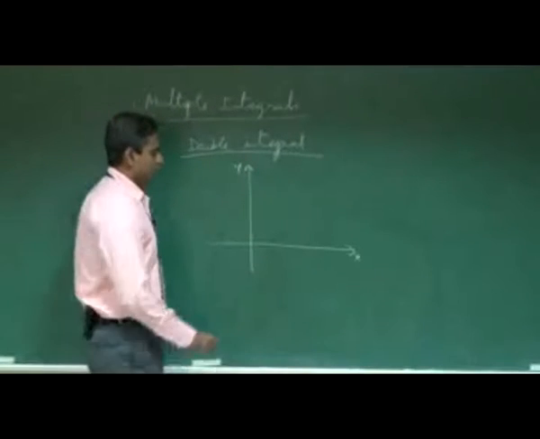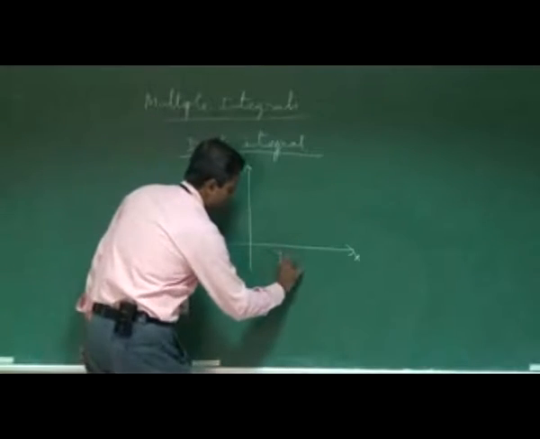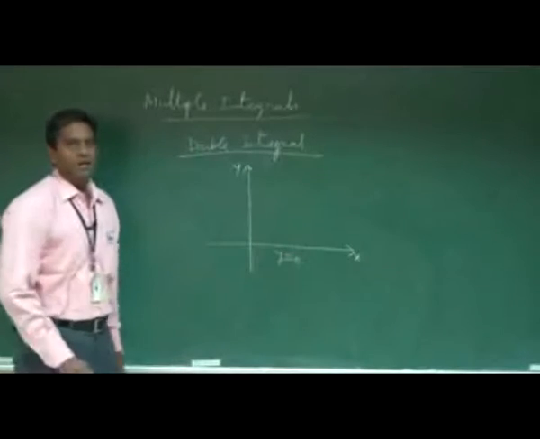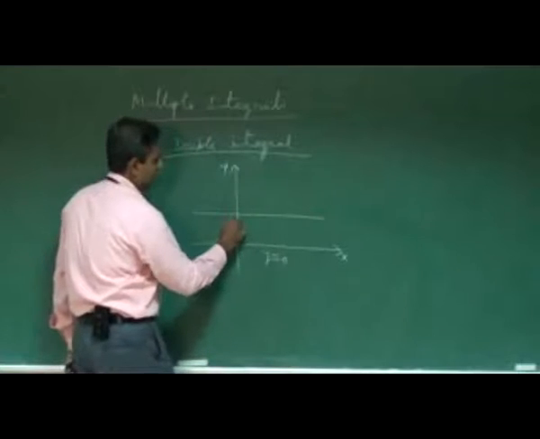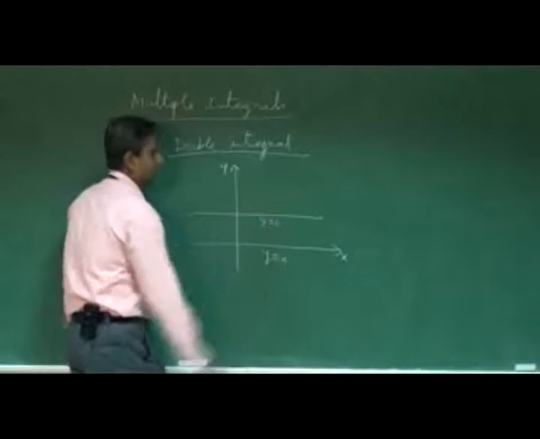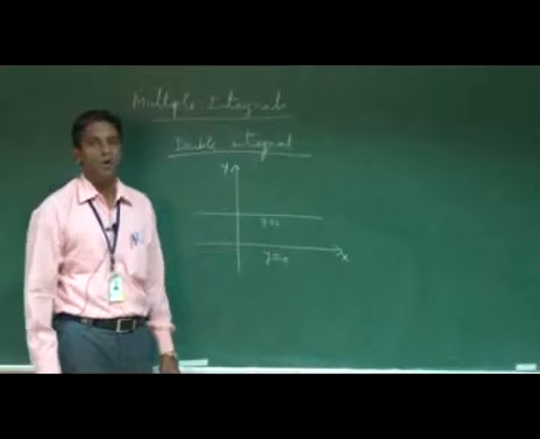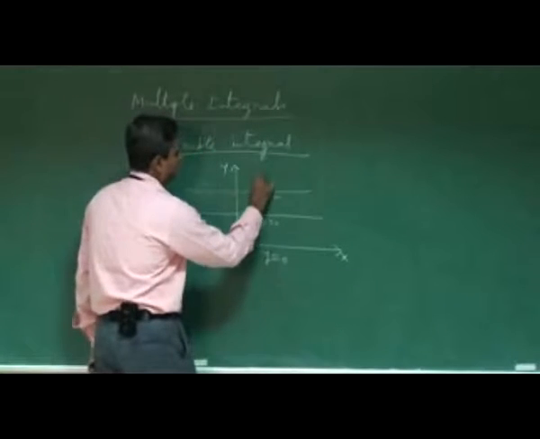See here, we take the line on the x-axis, that is y equal to 0, and we draw the line which is parallel to the x-axis. Suppose we take the point y equal to 1, meaning here the line equation is y equal to 1, and we draw the line parallel to the x-axis y equal to 2, and so on.